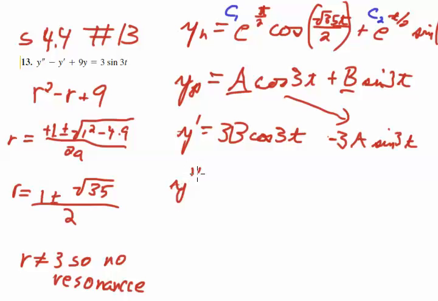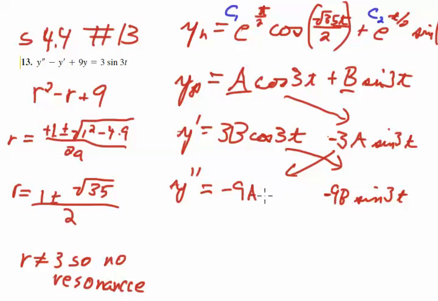When I take the second derivative, again switching, this one's going to be negative 9b sine 3t, and this one is also negative 9a cosine 3t. So this one changes to negative, this one stays negative.